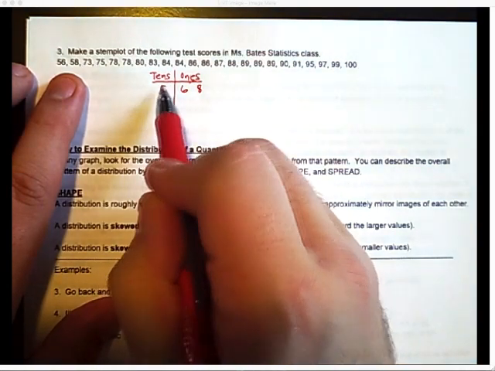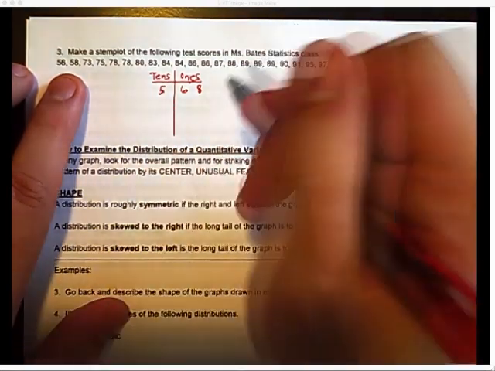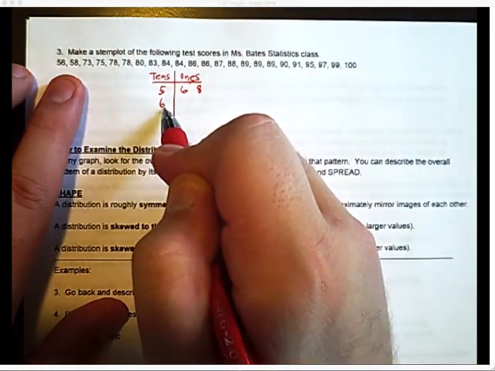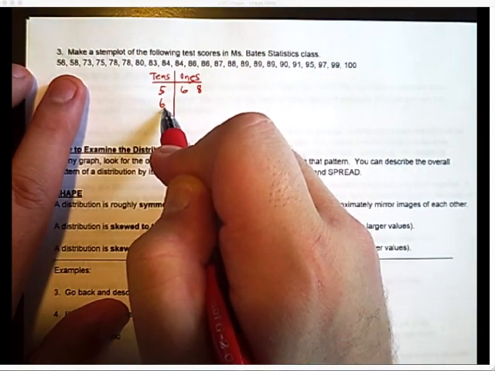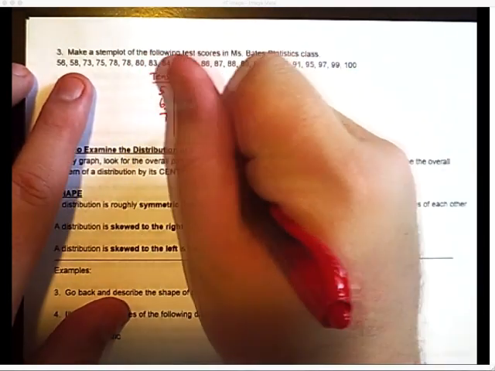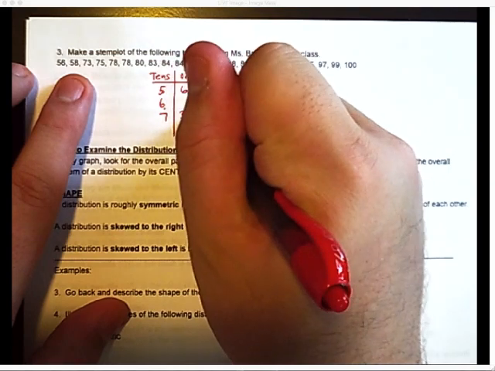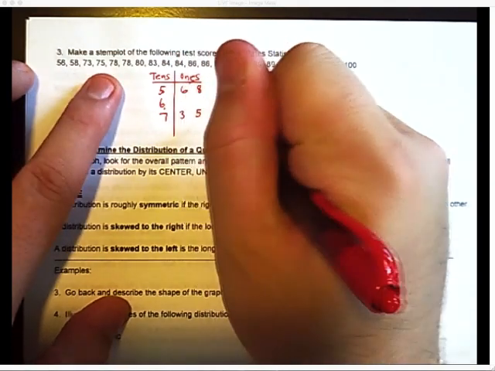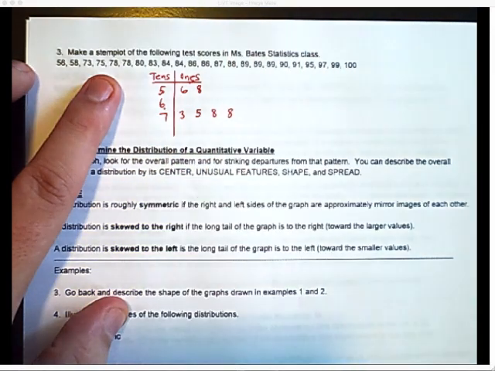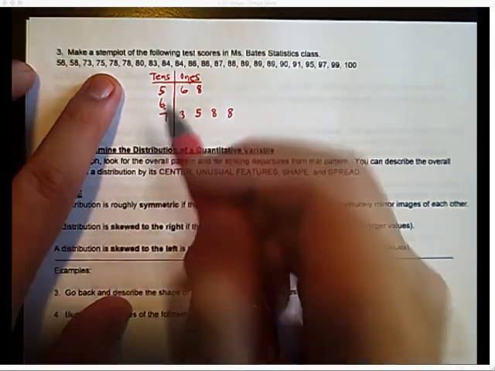So we don't repeat tens units. Now, if we start at 5, we have to put 6 there, even if there's no one that scored in the 60s. And then we go into the 70s. Someone got a 73. Someone got a 75. 2 people got a 78. Now we do have to write 8 twice because it represents 2 different data values.